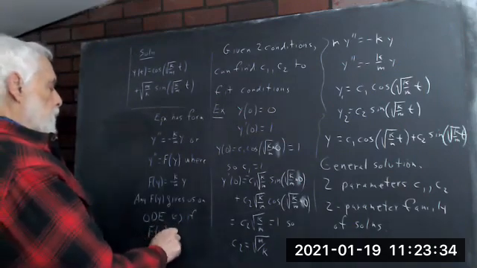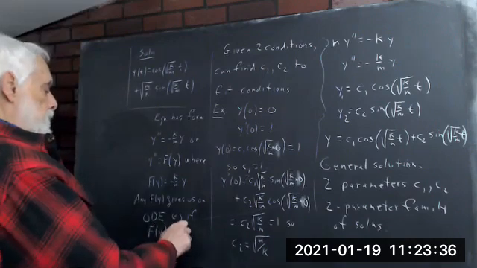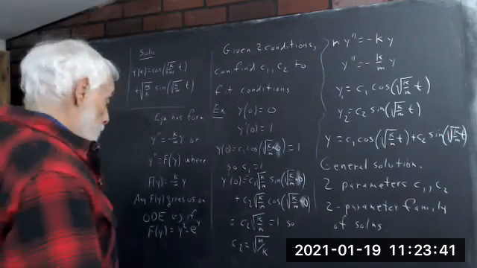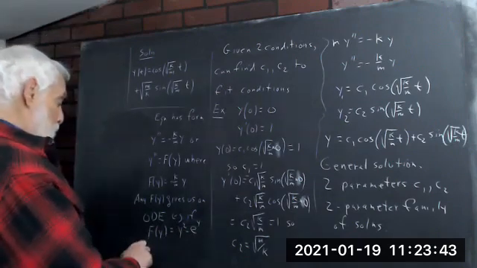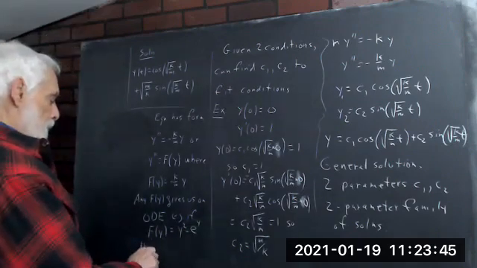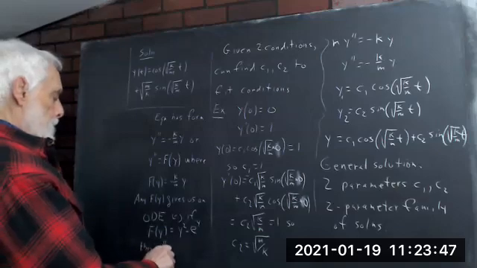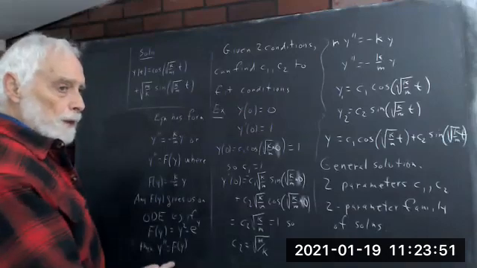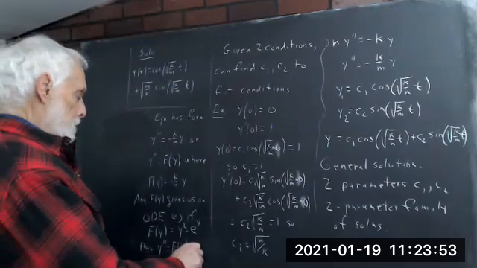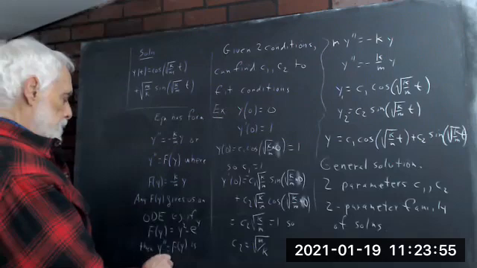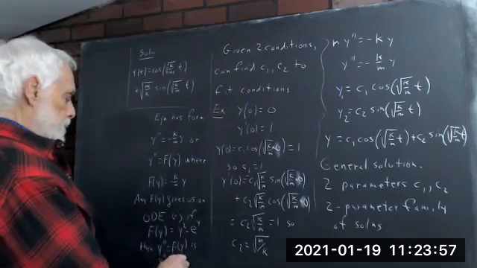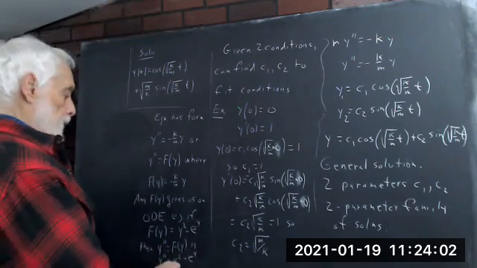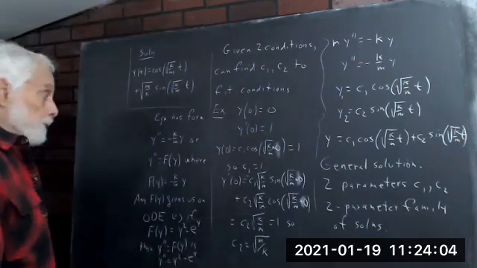If f of y equals y squared minus e to the y, then y double prime equals f of y is y double prime equals y squared minus e to the y.